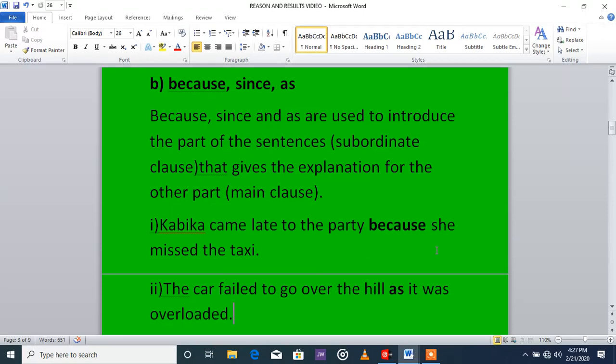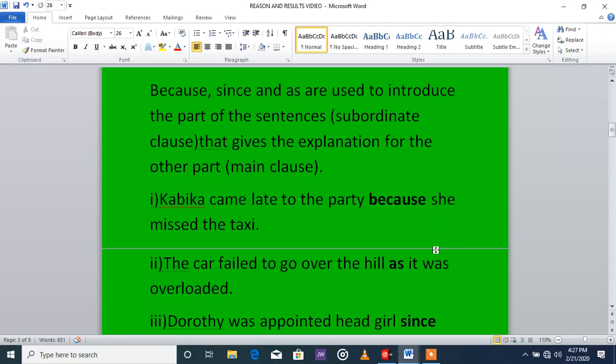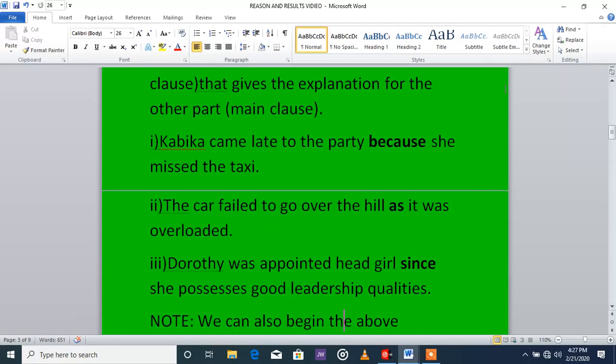Then let's look at as. When we use it in the middle, starting not with the subordinate but with the main clause, we say: the car failed to go over the hill as it was overloaded.